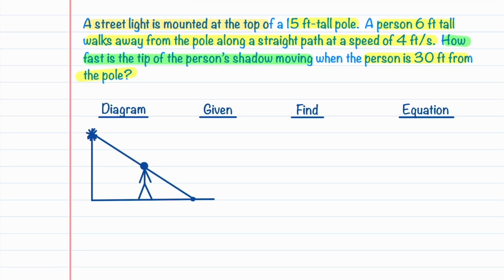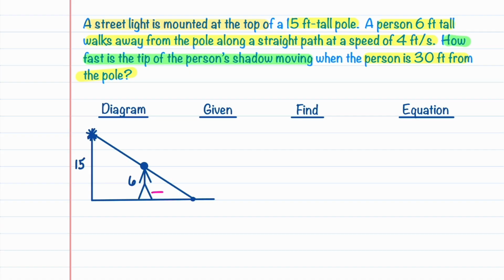What we're going to do first is look at our diagram and put some variables in there, and then we'll write down what we're given, what we need to find, and then the equation that relates those two. We're told that the street light is on top of a 15-foot pole, so we'll mark this length as 15. And then we have a person that is 6 feet tall, so we'll label this as 6, and they are walking away from the pole.